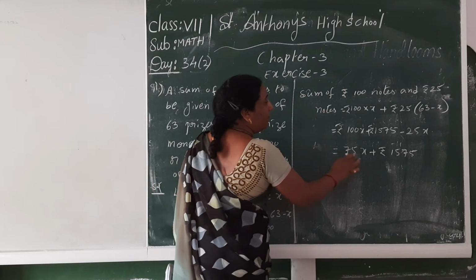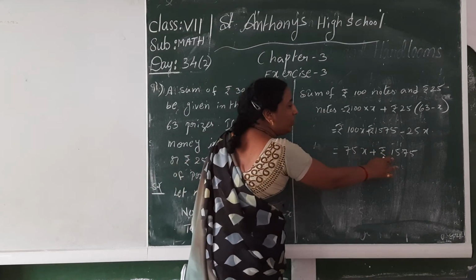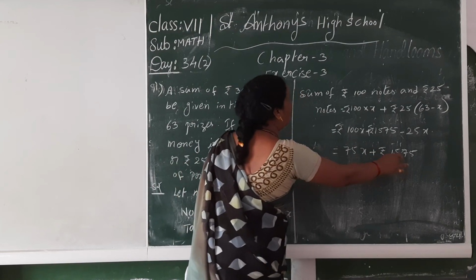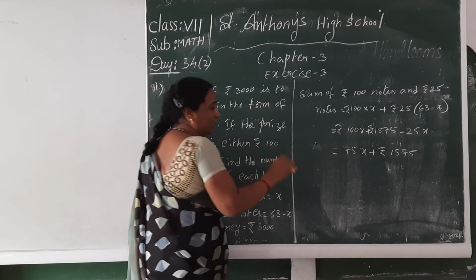According to the problem, 75x plus 1575 is equal to 3000 rupees.